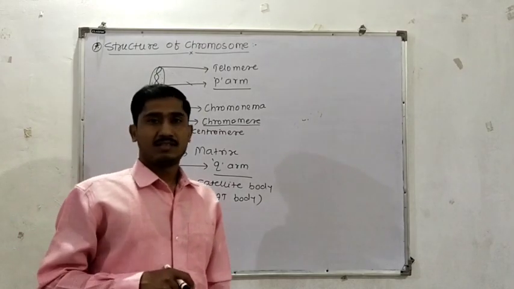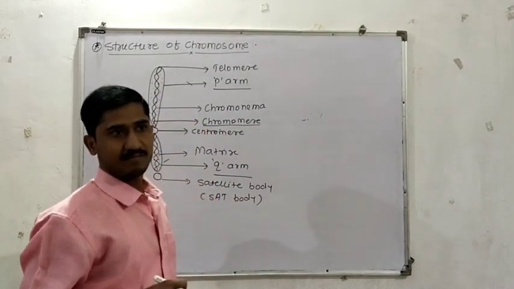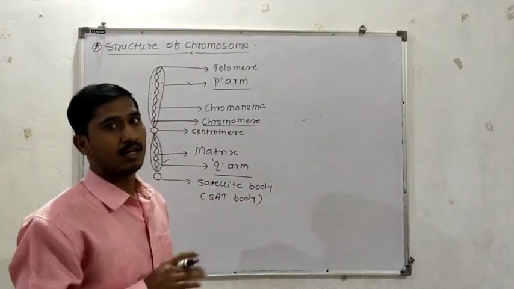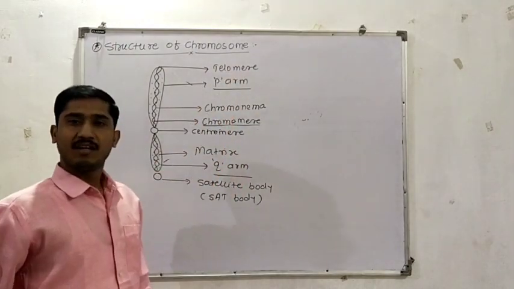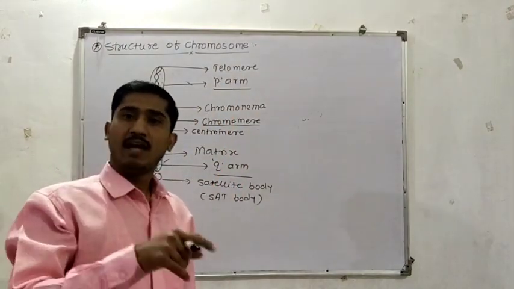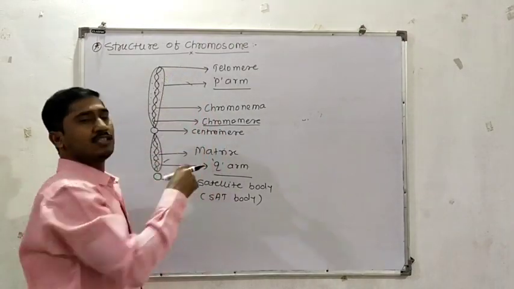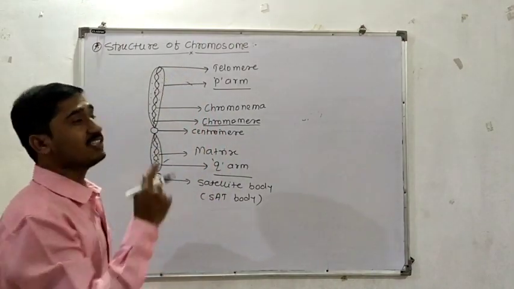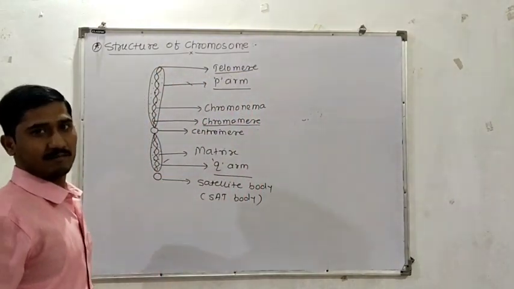So there are chances these 46 chromosomes may stick with each other. Does it happen? No. Why? The reason behind this is the telomere. Telomere maintains the polarity. It prevents the chromatids from sticking with each other. This is the very important function played by the telomere.